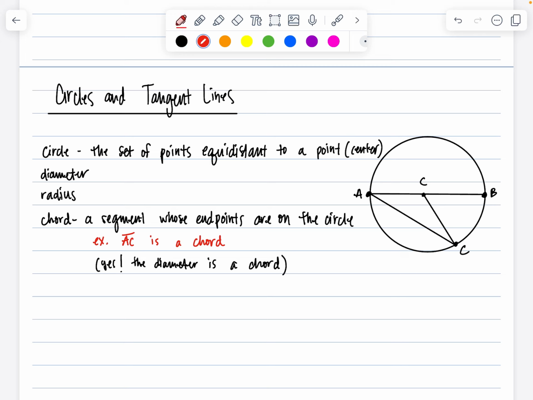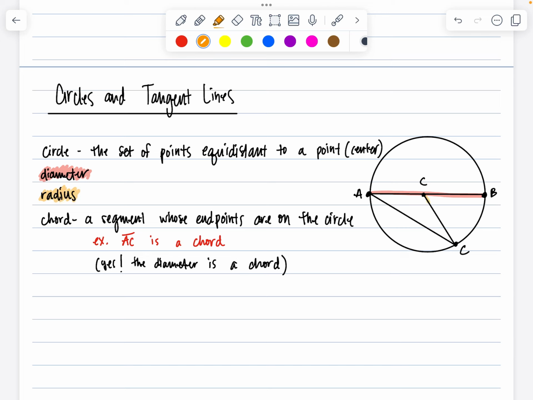Now I'm going to start coloring this in. If you have a highlighter or some kind of colored markers, this is going to be helpful. I'm going to start highlighting these just so we know. Diameter in red. Radius in orange.